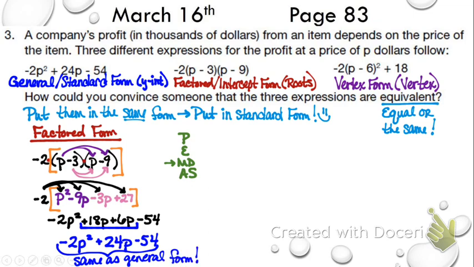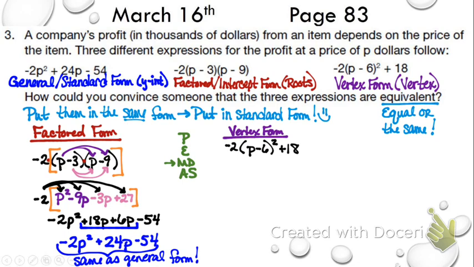All right. Same thing, but now with vertex form. What is our vertex form? Order of operations again.